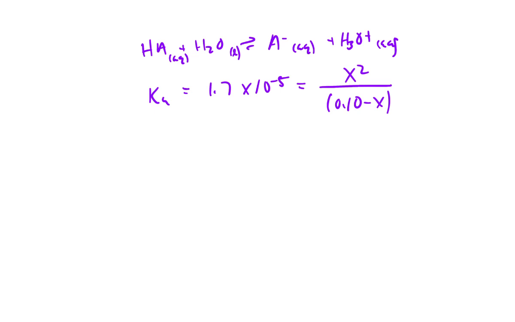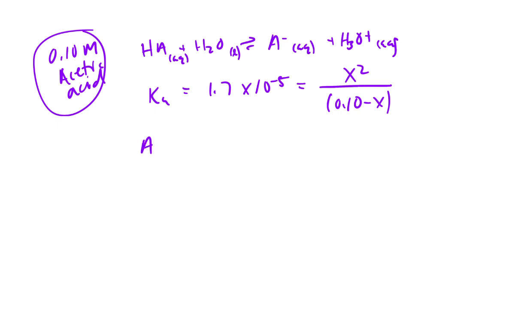I can't remember how the video described the assumption, so I'm going to show you the way that I do it, and it will work for you. We also need to remember we had 0.1 molar acetic acid.